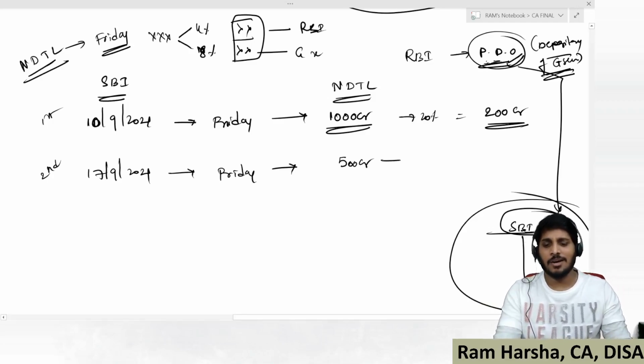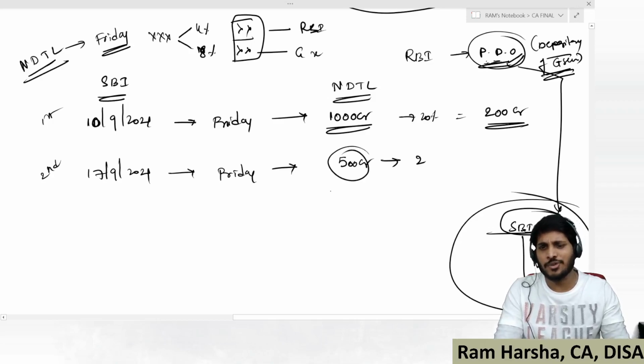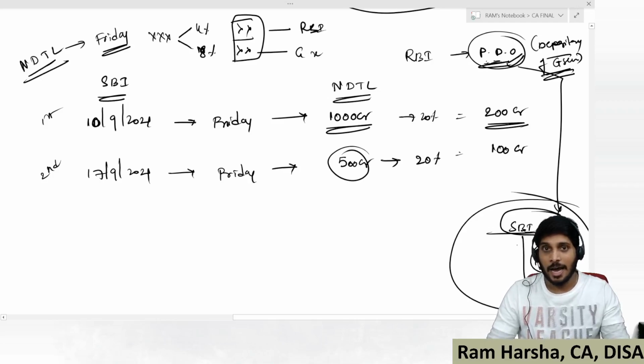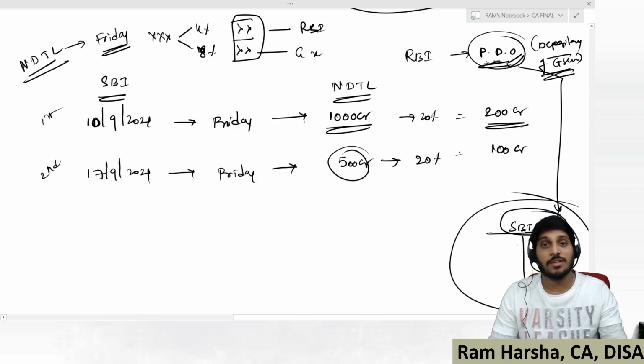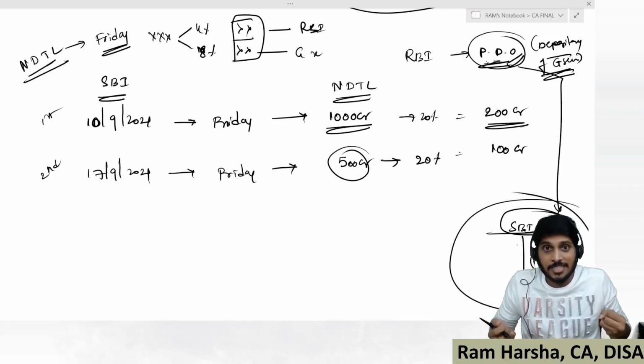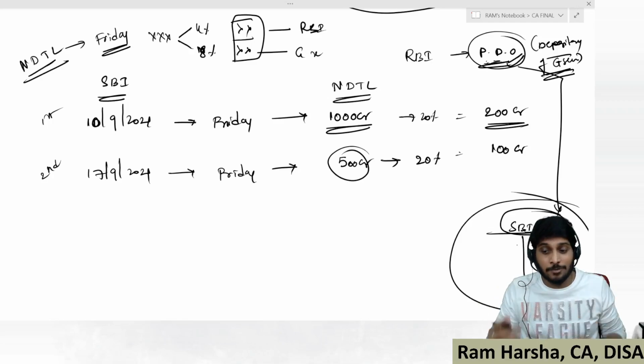Right now the outstanding deposit is only 500 crore this Friday. Now also I have to maintain 20%. How much SLR do I have to maintain? Just 100 crore is enough. But how much worth of securities did I already buy? 200 crore. I am now holding higher SLR liquidity. Right now how much do I have to carry? 100.